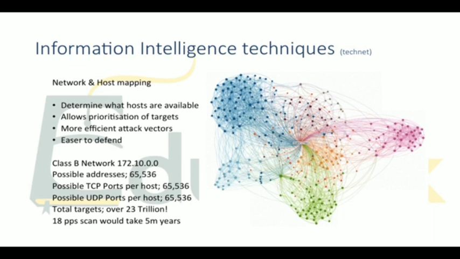If the attacker is able to determine where the hosts are, they have serious advantages. Say our Class B network was populated with only about 6,000 computers and the attacker can find them. Now the attacker can scan the populated hosts on the network at 18 packets a second in less than 10 days, and there are still much more efficient ways to do the scan as well, which we'll cover.